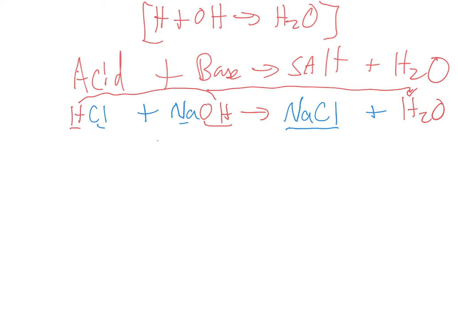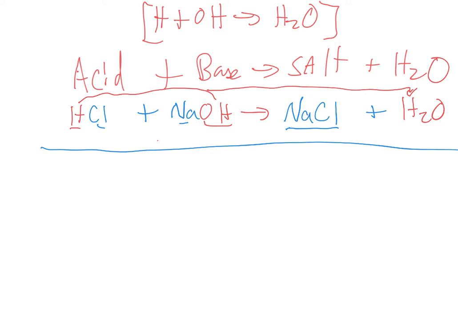So this can be done in a wide variety of ways, and we can look at another example. If you look at any type of acid or any type of base, you can figure out what the salt is going to be, okay? So that's what we're going to practice here.